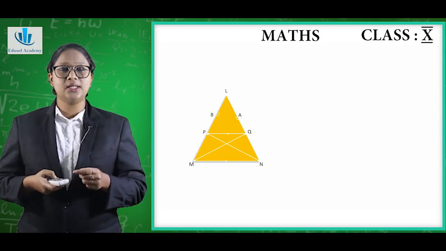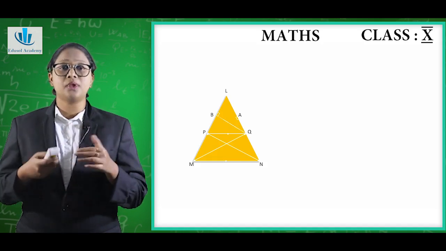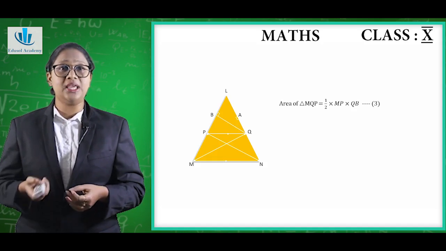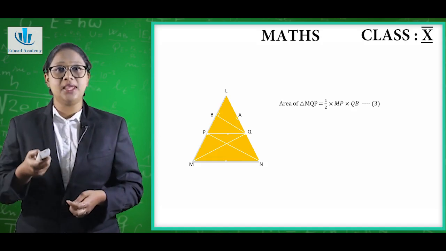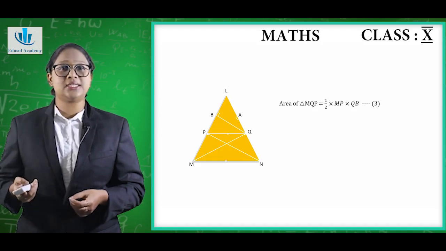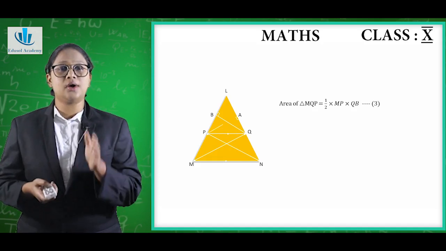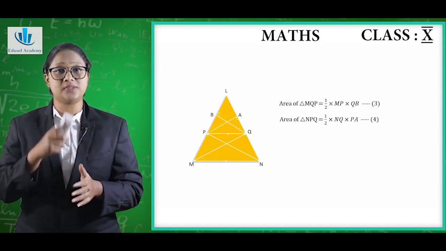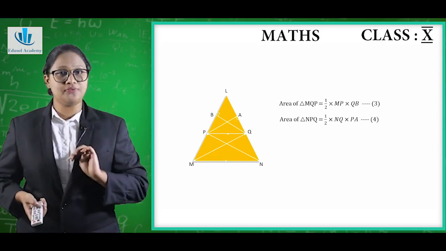So in this triangle, MQP as well as NPQ, they have heights outside them. So for triangle MQP, the height is QB, and for triangle NPQ, the height is PA. And we can see the bases are the sides which make 90 degrees with respect to the height. So that's how we got equation 3 and equation 4.